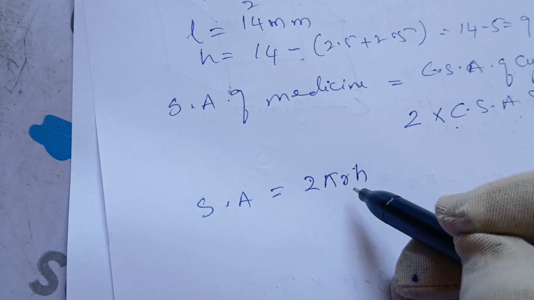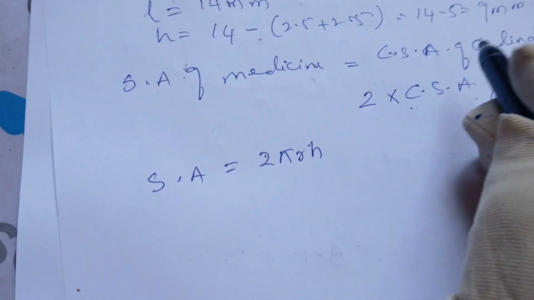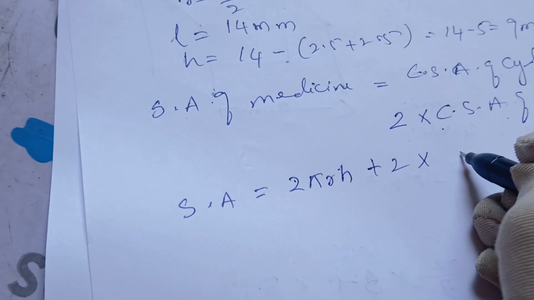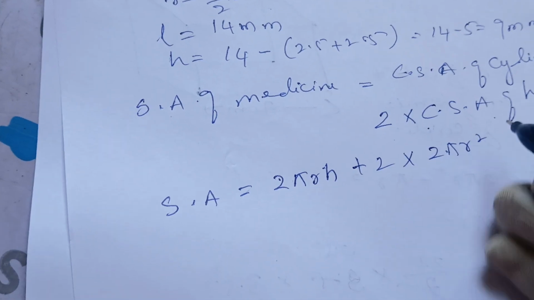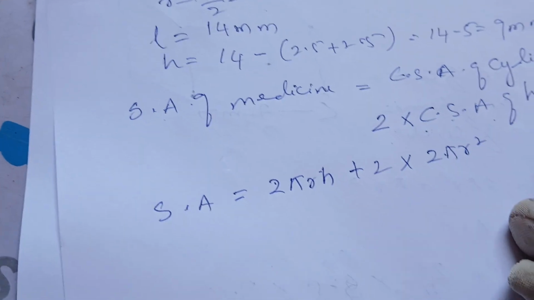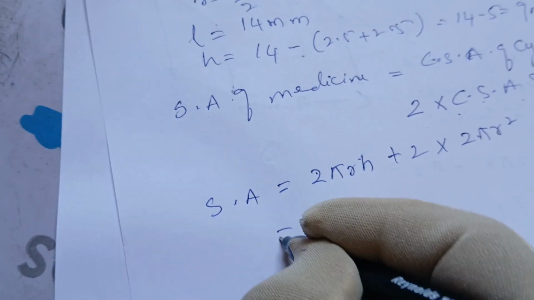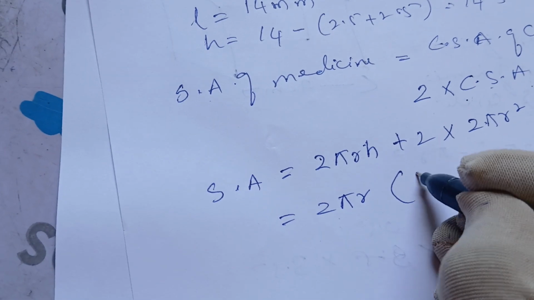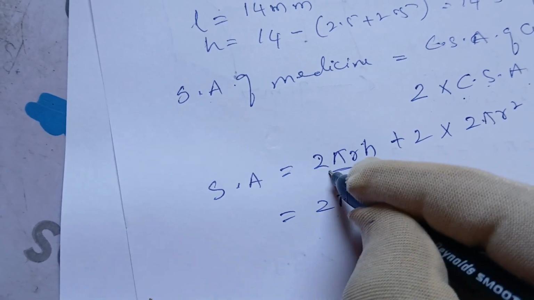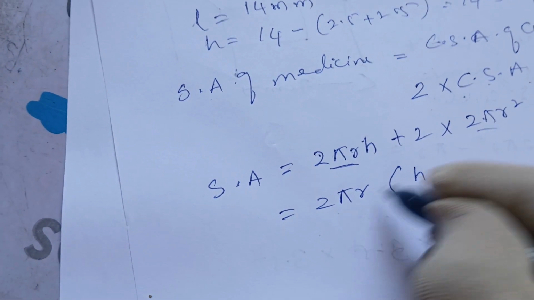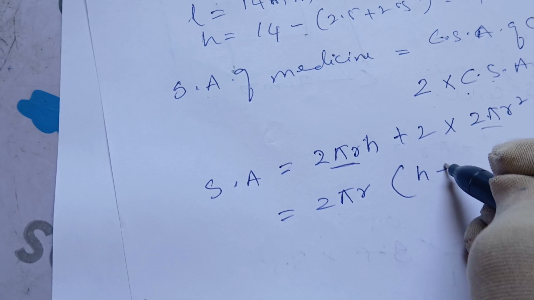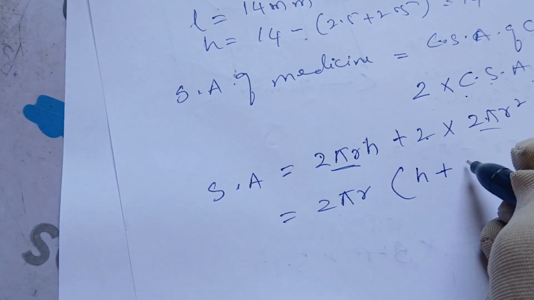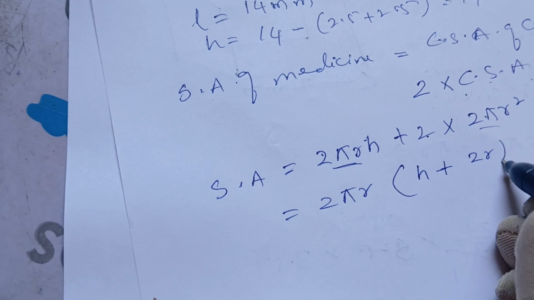2 pi r h is the curved surface area of a cylinder, plus 2 into 2 pi r square, the curved surface area of a hemisphere. Taking 2 pi r common, what remains is h plus 2r.